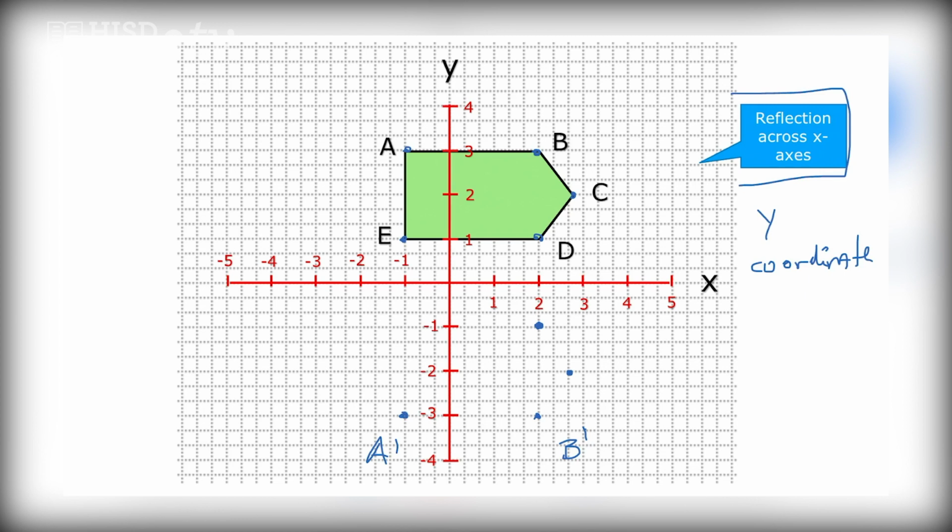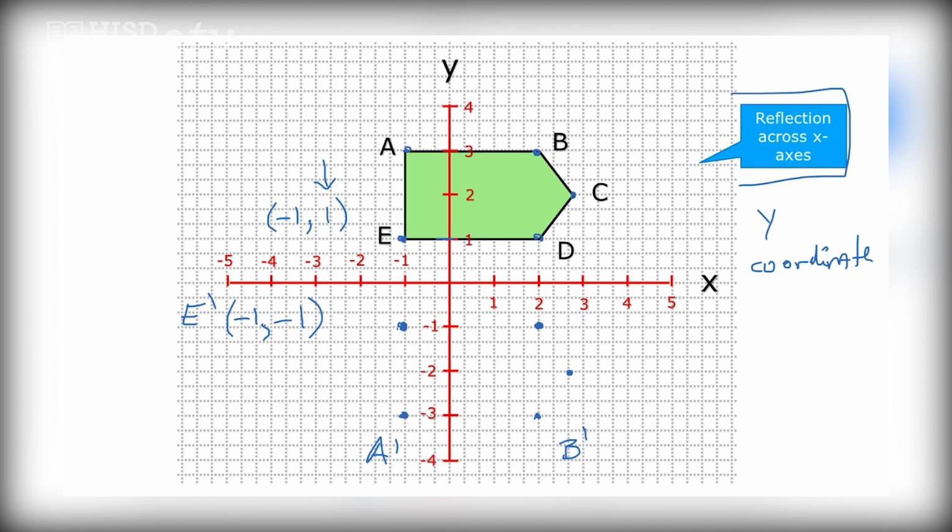So for point E, if the coordinate right here is -1 and +1, then the only thing that I'm going to change is this number right here, making its new location -1, -1. So that means that it's going to be right here.